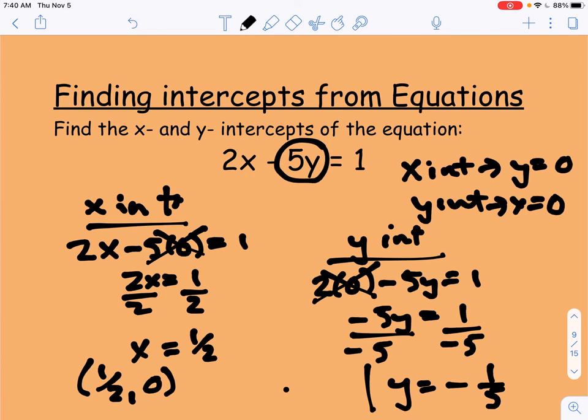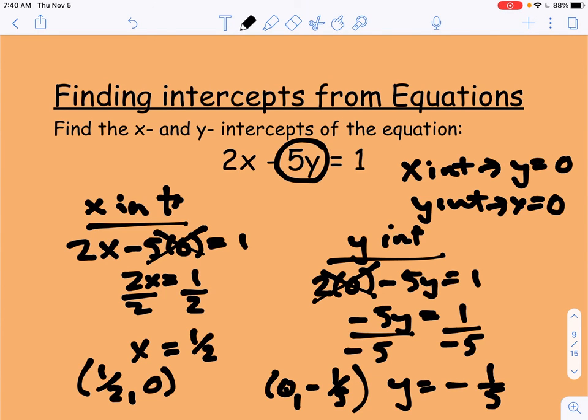So my y-intercept is the point 0, negative 1/5. Those are kind of unfriendly numbers, but if you have a graph that's set up the right way, it should work out fine.